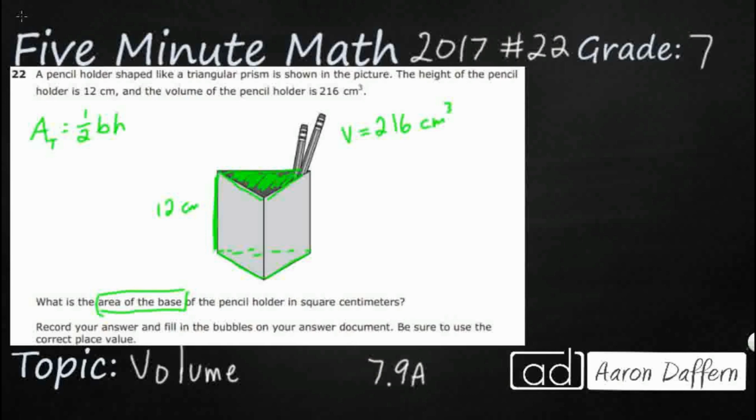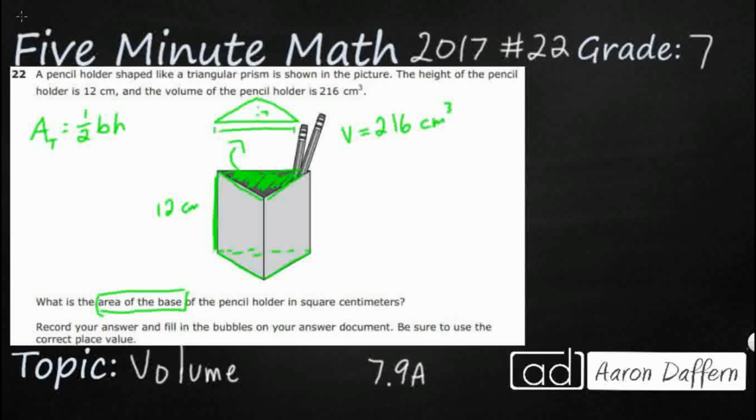Let me rotate it up so we can see it a little bit better. We need this base right here, which we don't have. We also need this height right here, which we don't have.